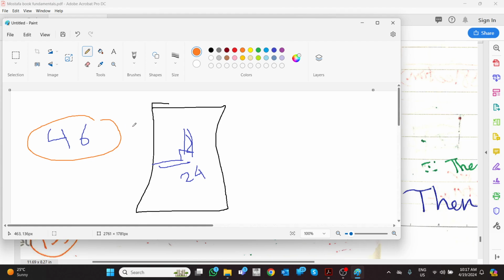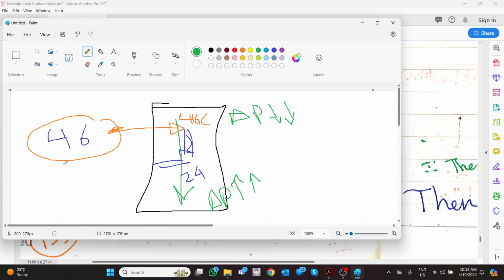If you let that air enter here by any method, you will have 46 Celsius air getting in contact with solid surfaces at 24, so that air will cool down. What will happen when the air cools down? It goes down. So it will create high pressure here and less pressure up.